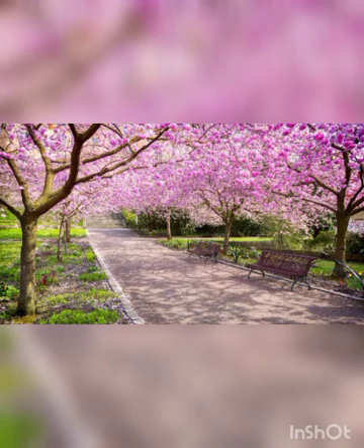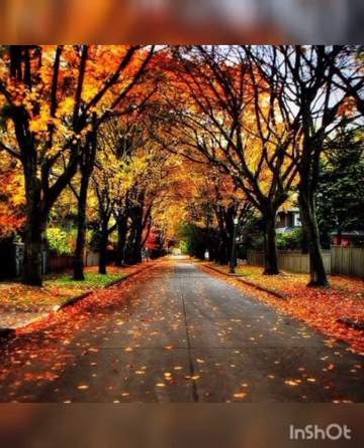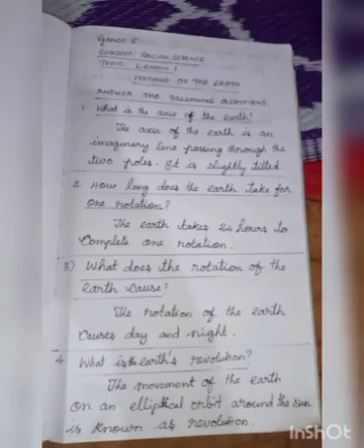Okay? The first question is, what is the axis of the earth? The axis of the earth is an imaginary line passing through the two poles.